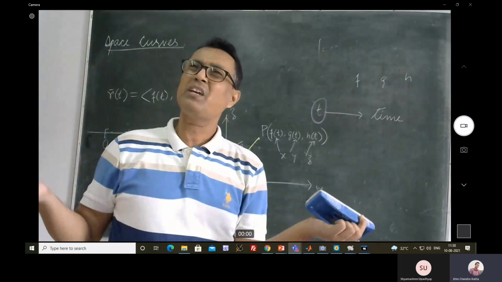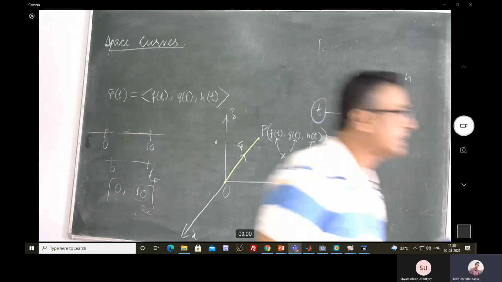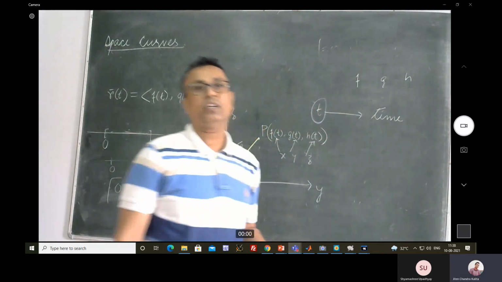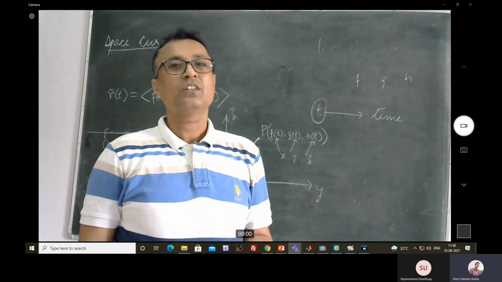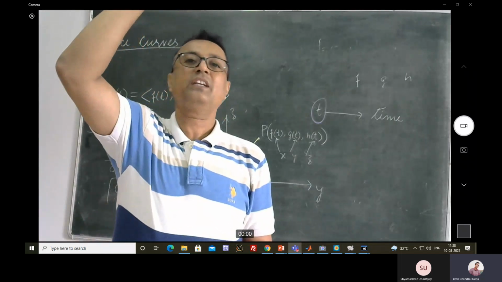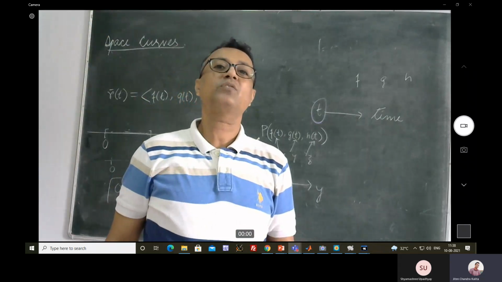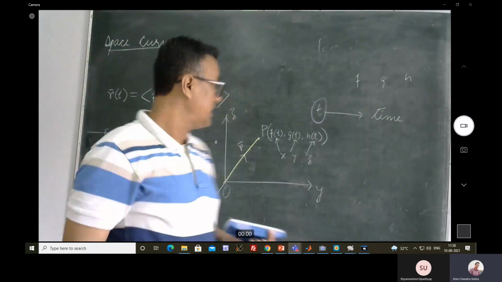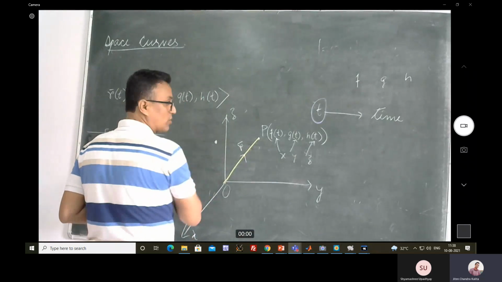Suppose at time t equal to 0, right now the time is 11:26. If I consider it as t equal to 0, suppose the aeroplane above us is in Guwahati and it is moving towards, say, Delhi. At time t equal to 0, it is in this location.